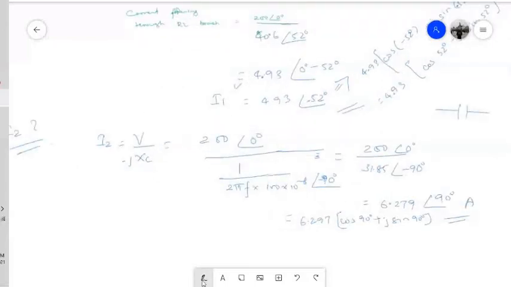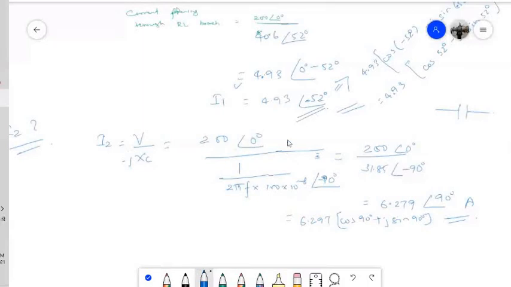As you note here, in the case of I1, the phase angle is minus 52 degree, and in the case of I2, the phase angle was how much? 90 degree. Okay, so with this information, I can draw the vector diagram.